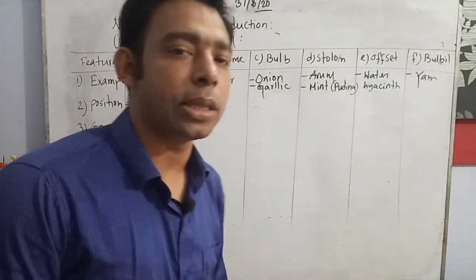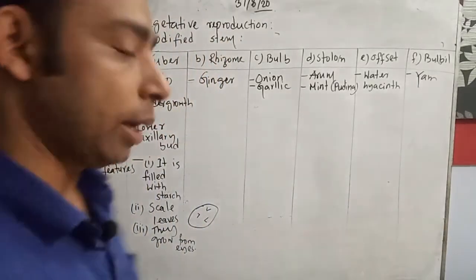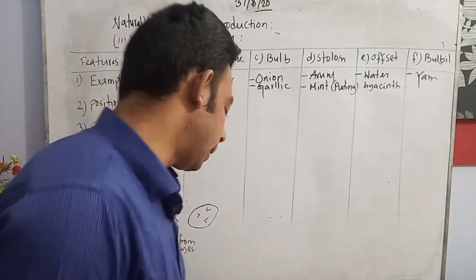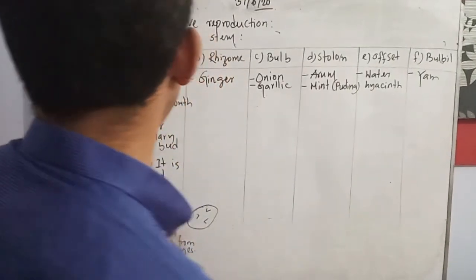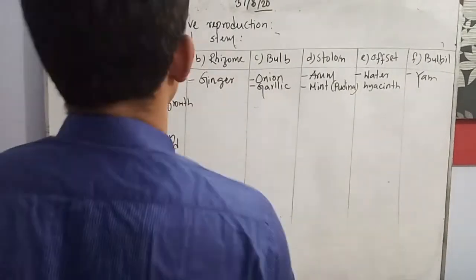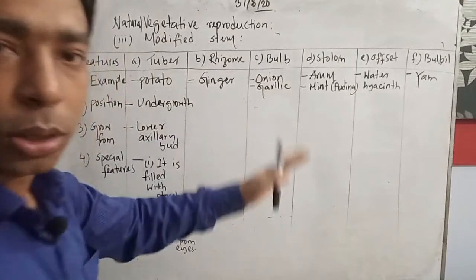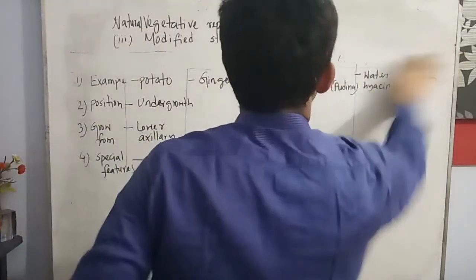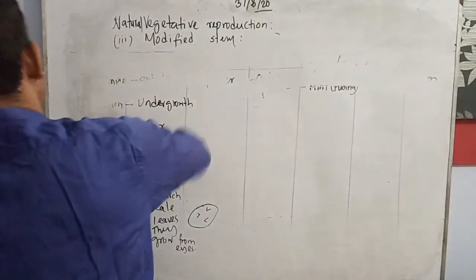Make it your SW, publish it, and submit your SW below in the comment box. And another one is number 4, types from leaves. This is your SW task. Now I do one, and the next will be for the others.